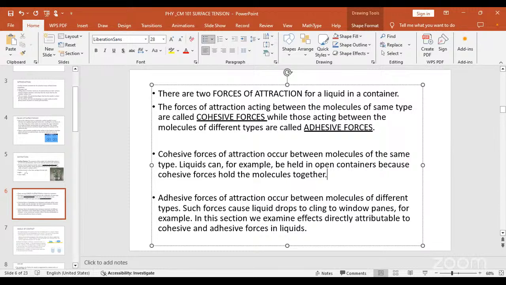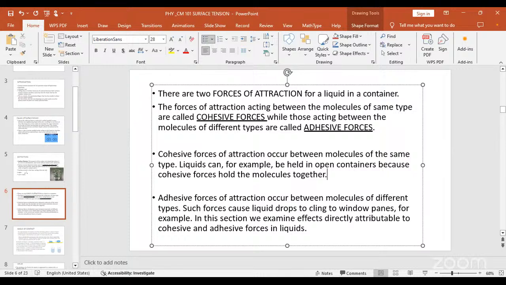Such an example could be where we have liquid drops clinging to window panels. Most of the things we'll be looking at will be to evaluate these forces. Sometimes they play together. That is the interplay.